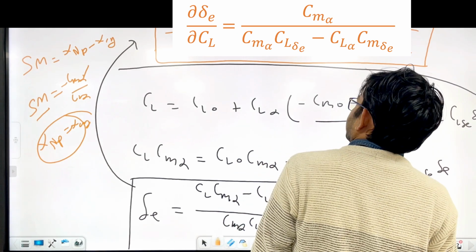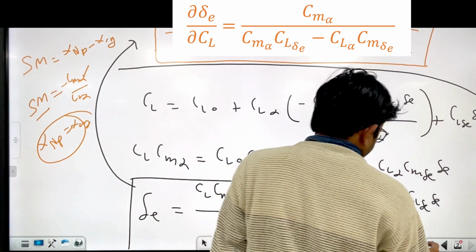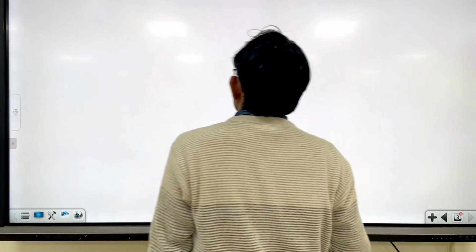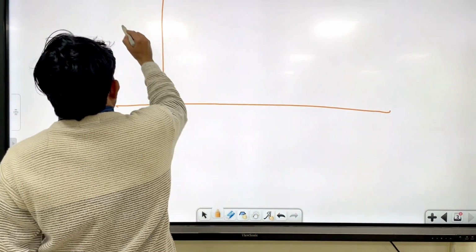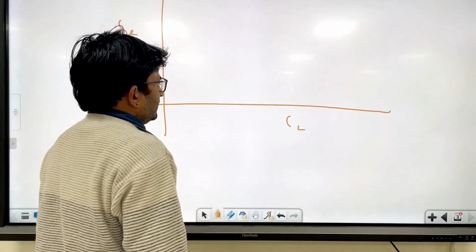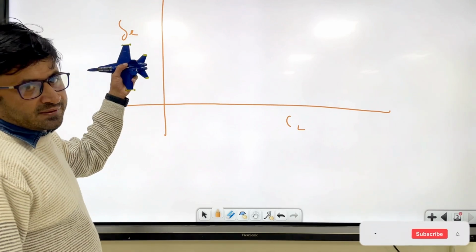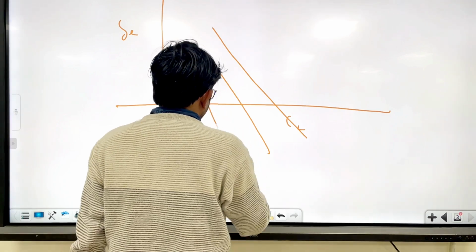As a designer, what you can do is fly at different Cl, at different delta E, with different CG positions.